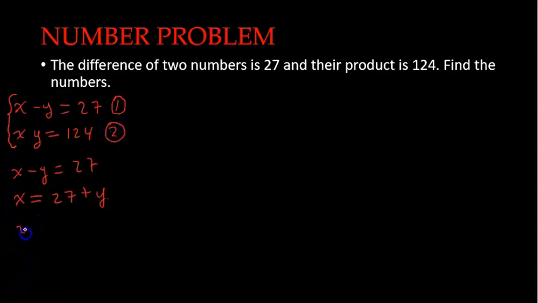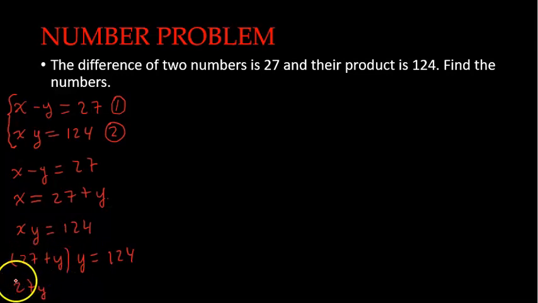So I'm going to use x times y equals 124, and substitute x by the expression 27 plus y. And I'm going to use the distributive property. y times 27 is 27y, plus y times y is y to the second power, equal to 124.